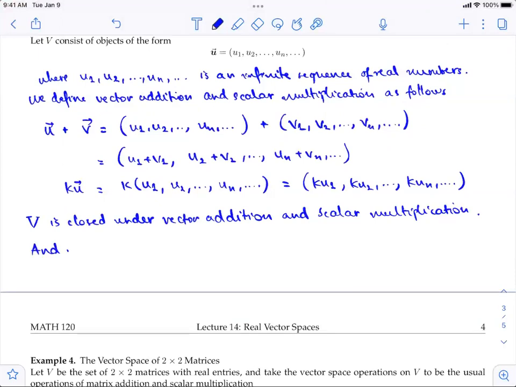And we define V to be R infinity. So when you have this notation, this is the vector space of infinite sequences of real numbers. And of course, this set satisfies all the properties in the definition of a vector space.